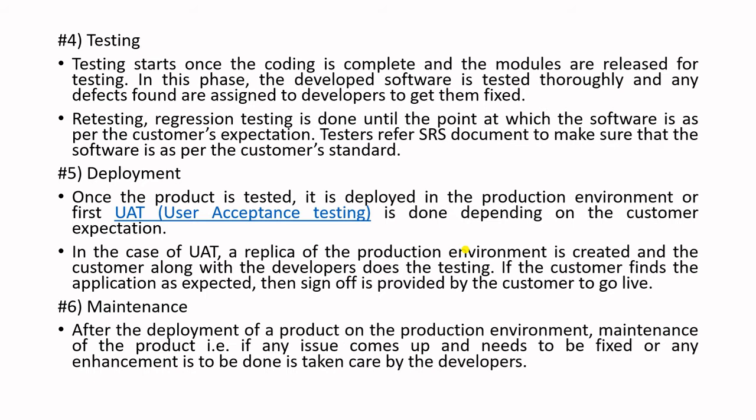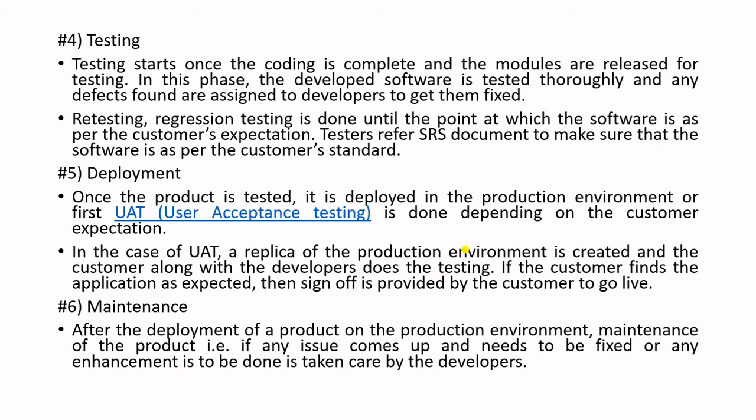Replica means a copy of the production environment, and the customer along with the developers does the testing. If the customer finds the application as expected, then sign off is provided by the customer to go live. This phase is known as the deployment phase, and it is done after the testing.